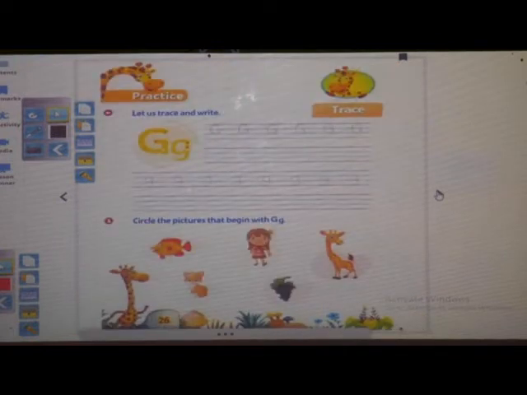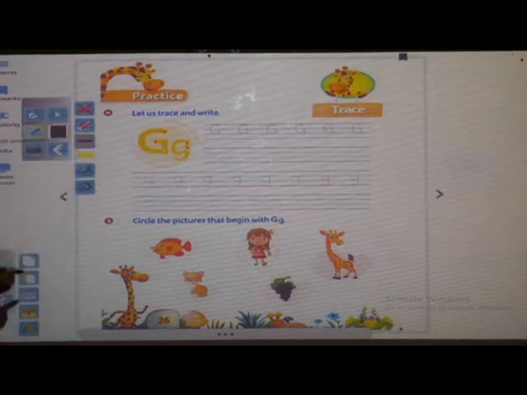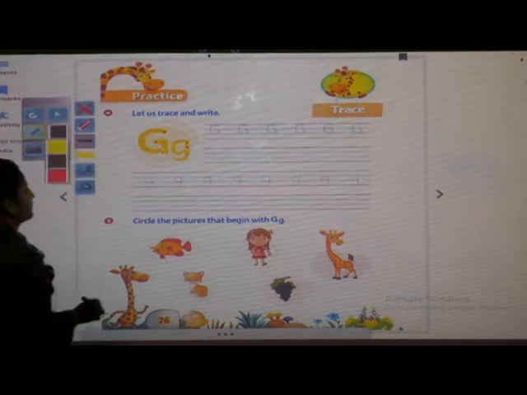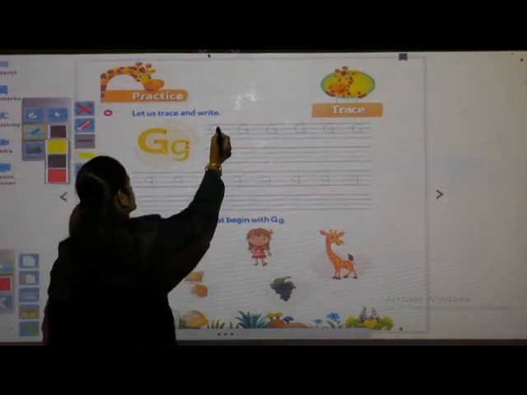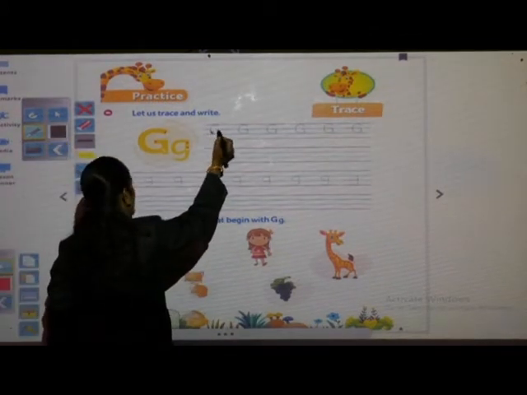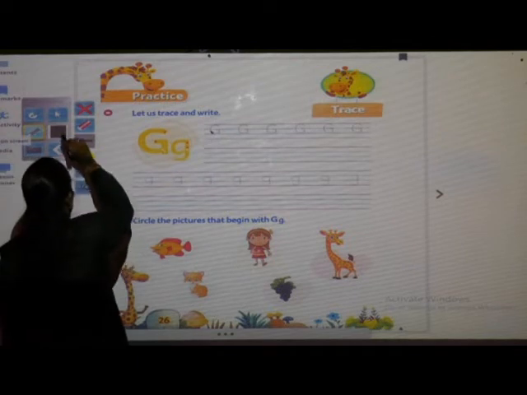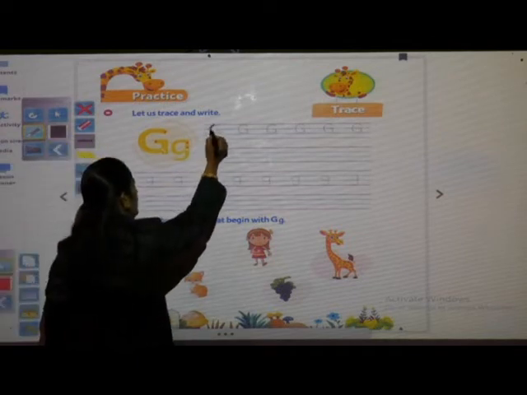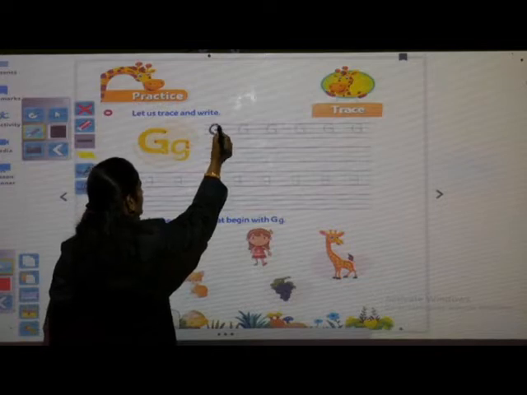So the phonic sound of letter G is G. Turn the page. Now I will show you how to write letter capital G. First you have to draw a half curve, one standing line and one sleeping line.